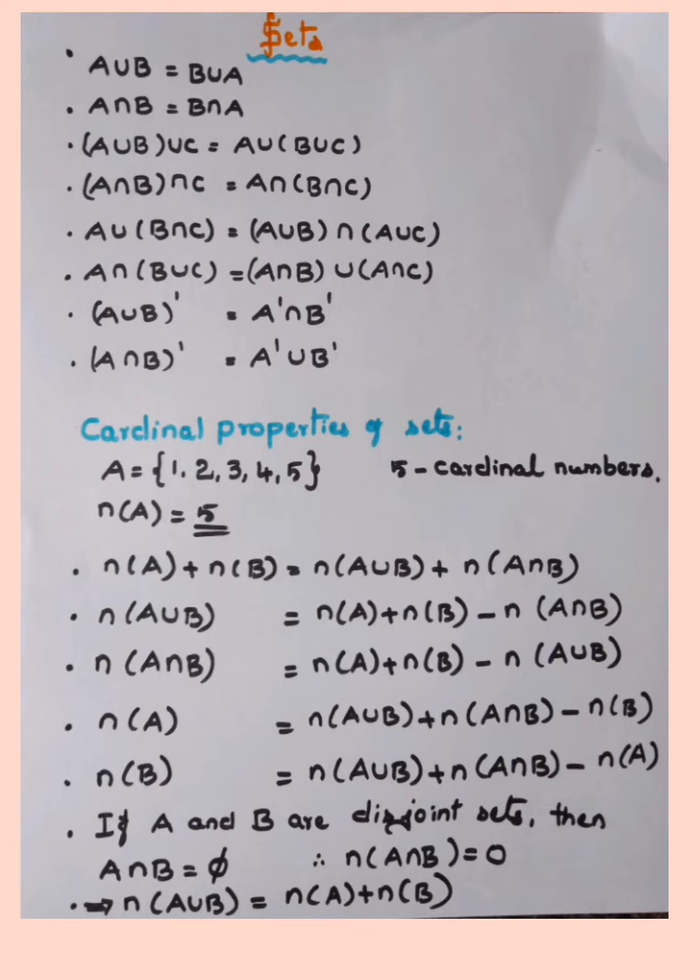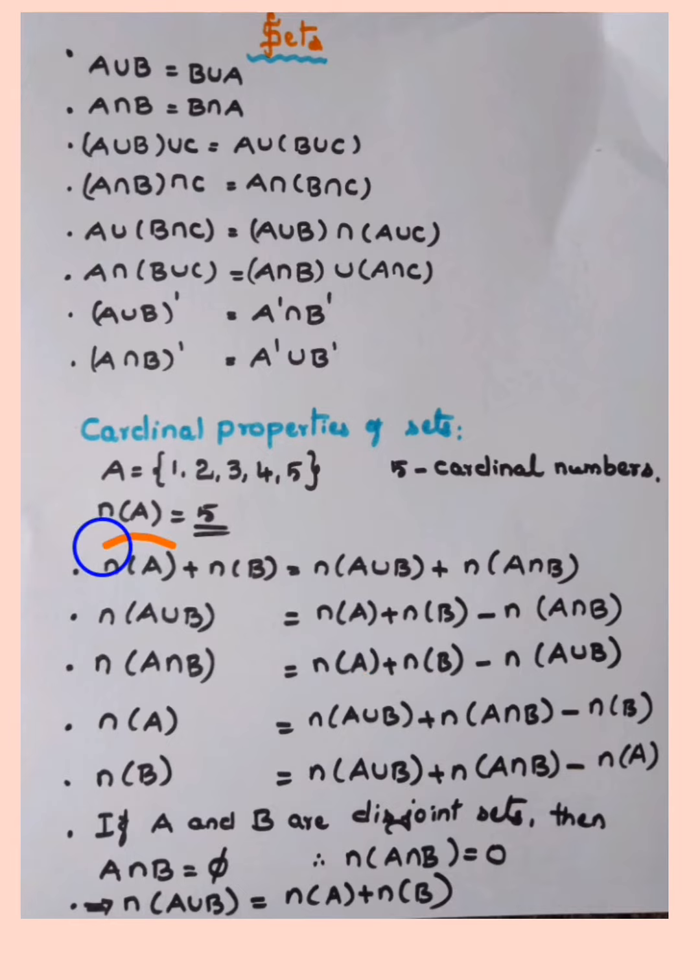Suppose you need the value of only n(A union B). Shift n(A intersection B) to the other side, so it changes to minus. We want only this value. Therefore, n(A union B) is equal to n(A) plus n(B) minus n(A intersection B). If you want only n(A intersection B), keep it here, and shift n(A union B) to the other side, it becomes minus. n(A) plus n(B) minus n(A union B).